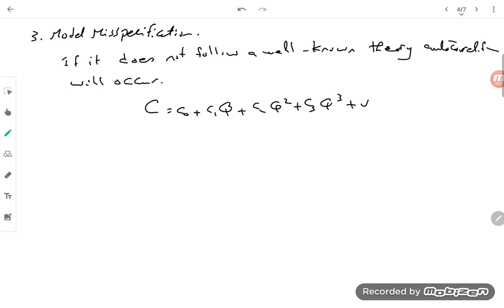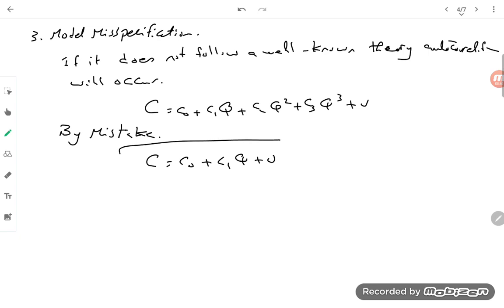If by mistake the total cost function is specified as a linear function, just like this, so if you are going to use this form by mistake, this may cause a problem of autocorrelation.